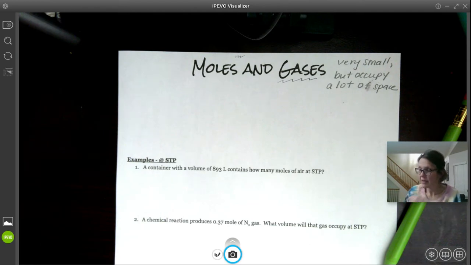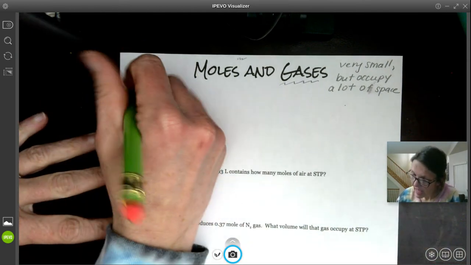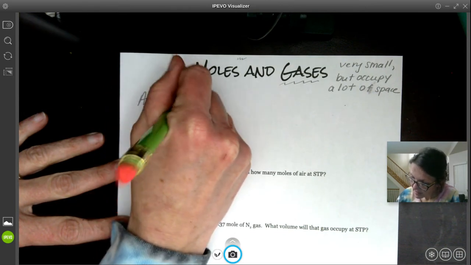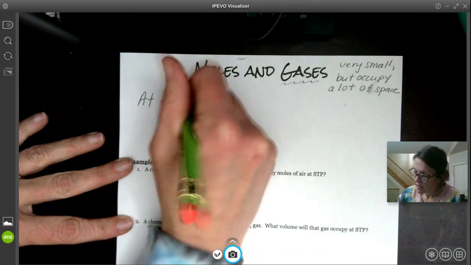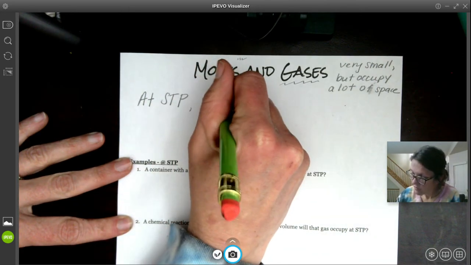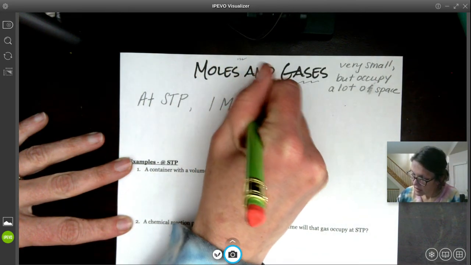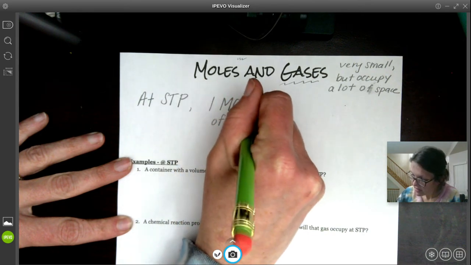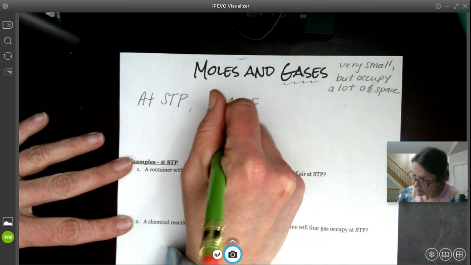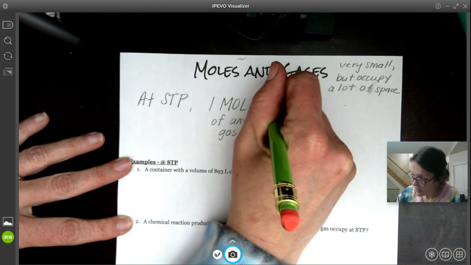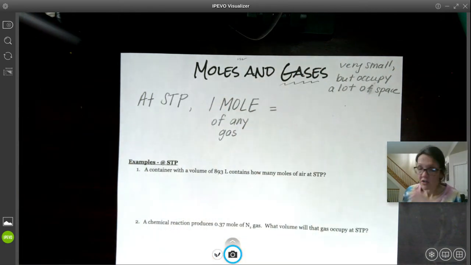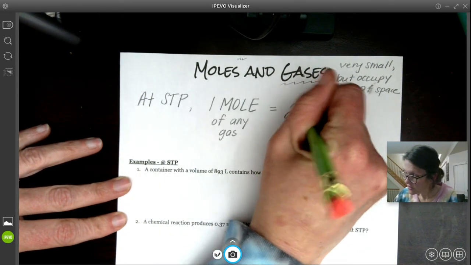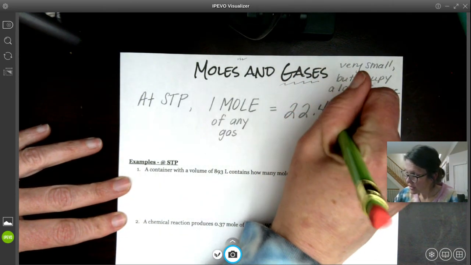All right. So here's what we need to know. At STP, 1 mole, and this is true for any gas, is going to occupy a volume, or it's going to take up space that's equivalent to 22.4 liters.